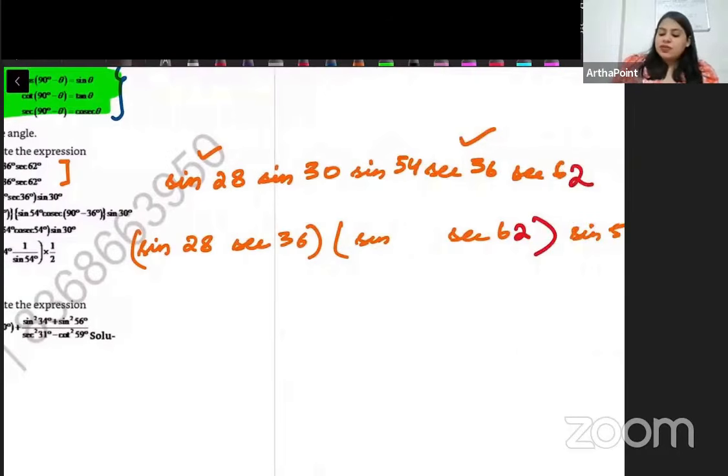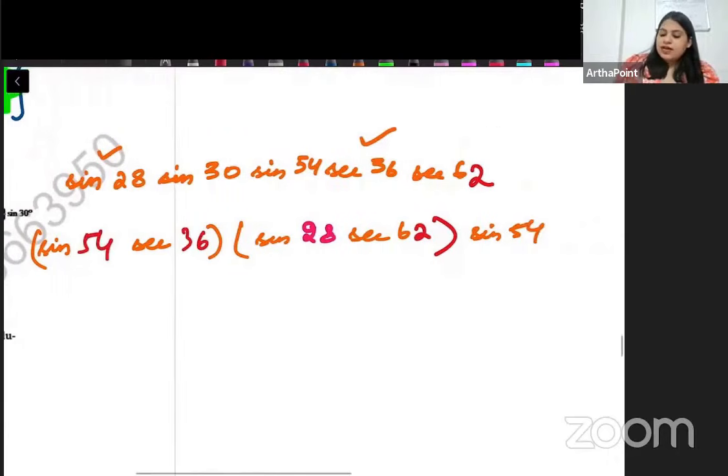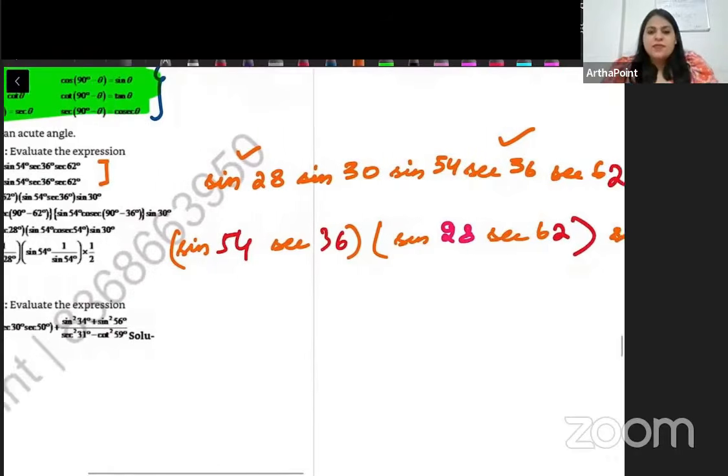I'll tell you why I am doing this. I can bring 28 here. And if this is 36, then 36 and 54 sum to 90. So I can bring in 54 here. And I can make this as 90. Just rewrite this.